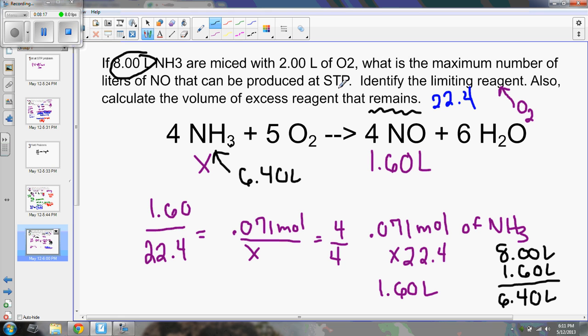So in this one, O2 is the limiting reagent. I'm going to make 1.60 liters of NO, and I'm going to have 6.40 liters remaining of my NH3. That was a limiting reagent problem from start to finish in 8 minutes and 38 seconds.